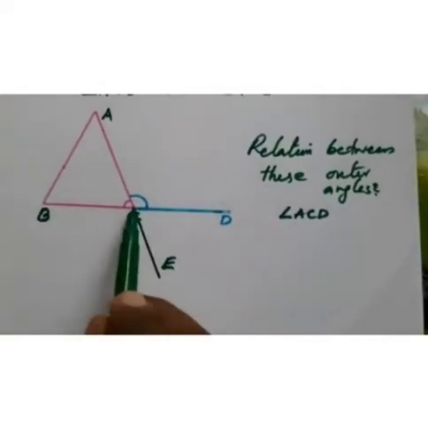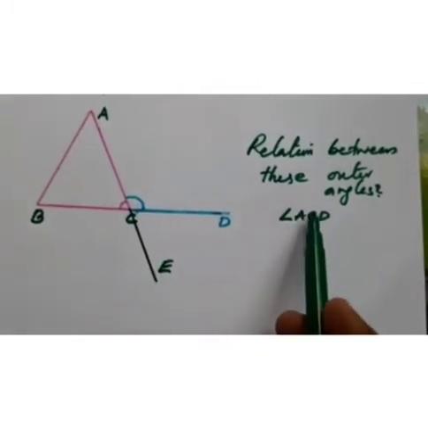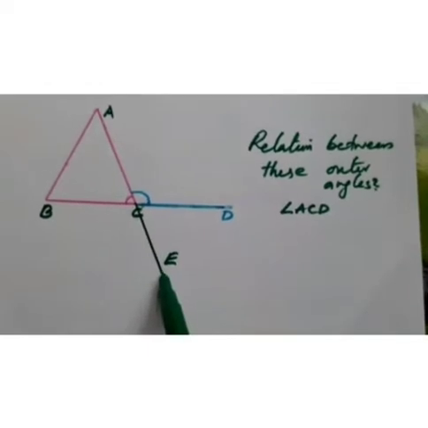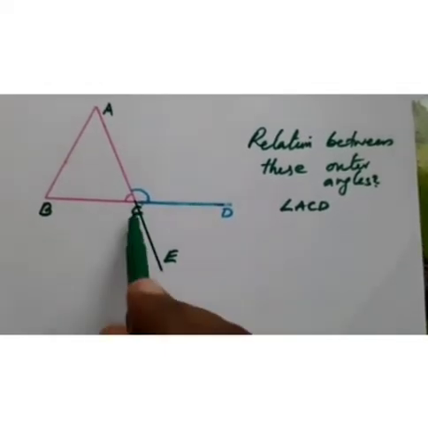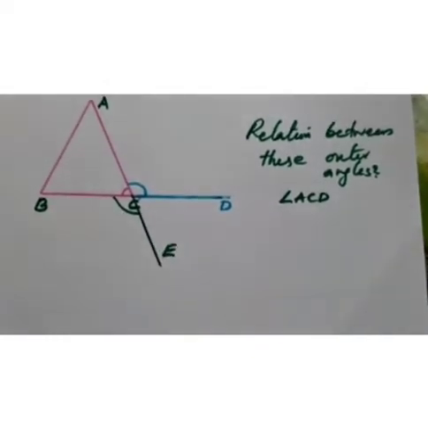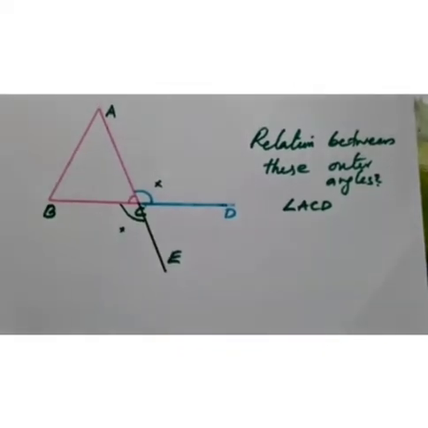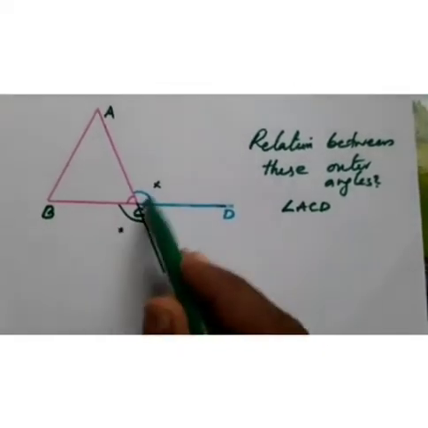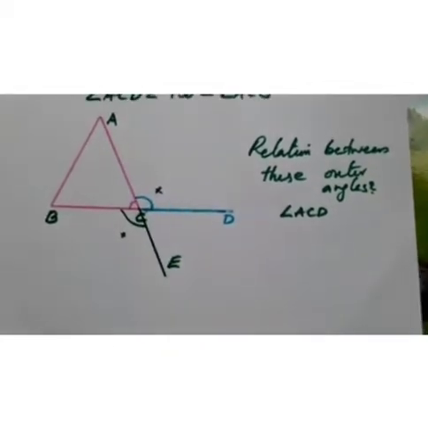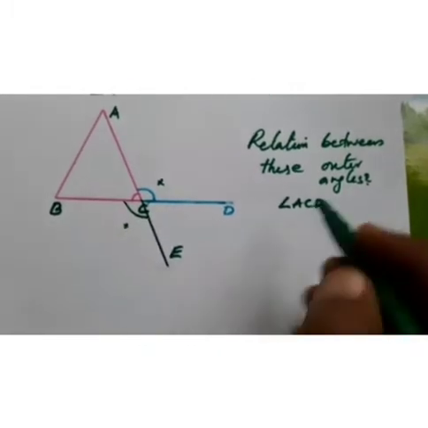If you extend BC, we get angle ACD as the outer angle. Then if we extend AC and get AE, what is the outer angle here? Here is the outer angle. And what is the relation between these two outer angles? These are opposite angles. Which is the outer angle here? BCE.